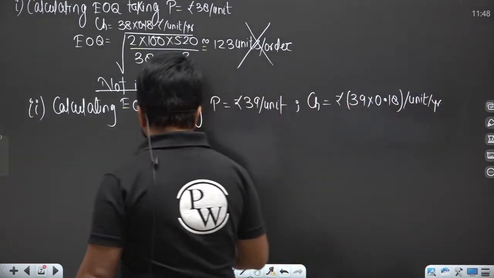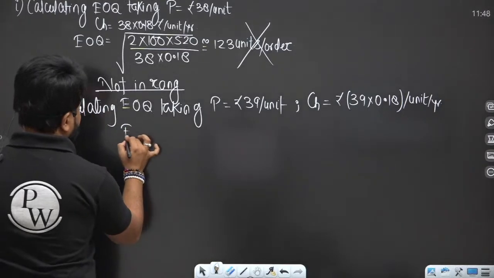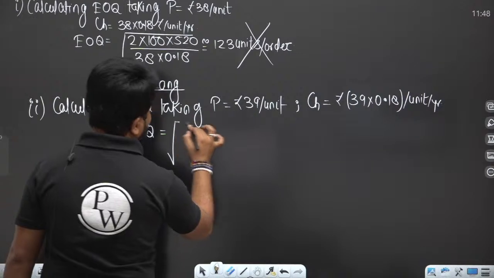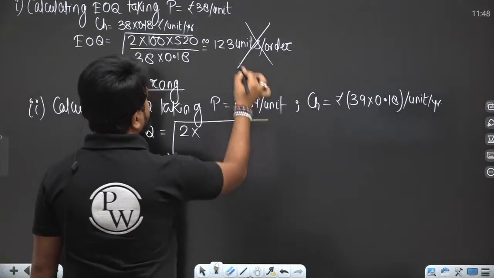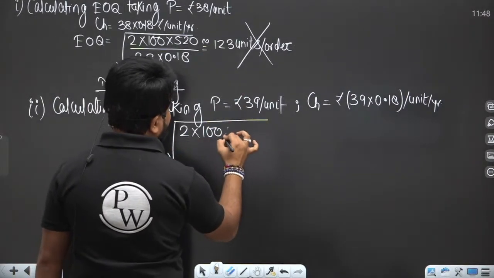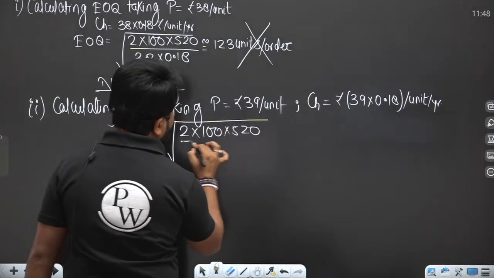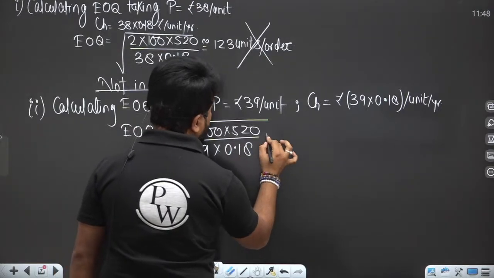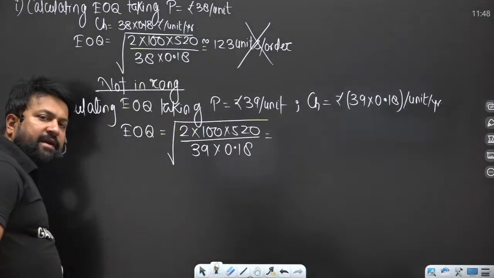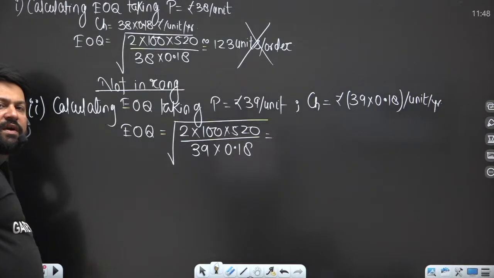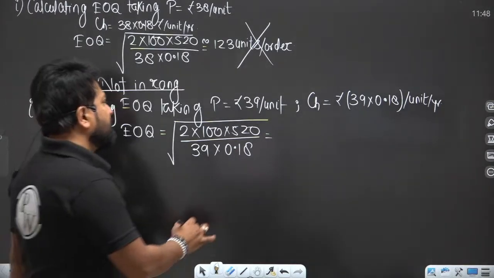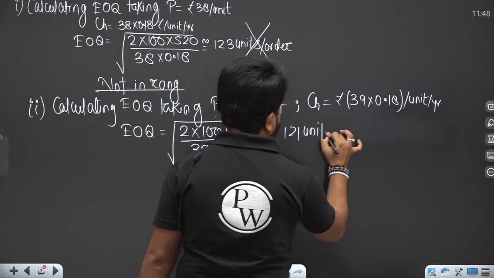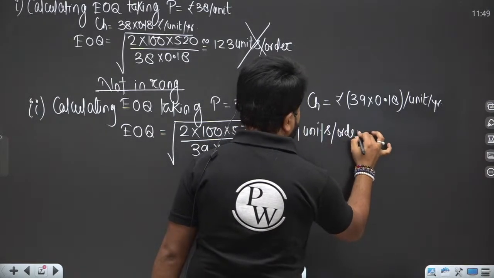The economic order quantity will be the square root of 2 into 100 into 520 divided by 39 into 0.18. You will get nearby 121 units per order.